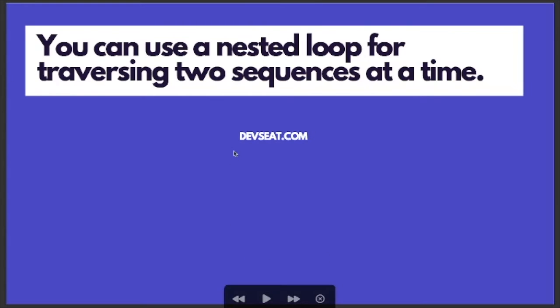One use case is that you can use a nested loop for traversing two sequences at a time. You have two sequences and you want to traverse those two sequences at a point of time. Then you can go for nested loops.